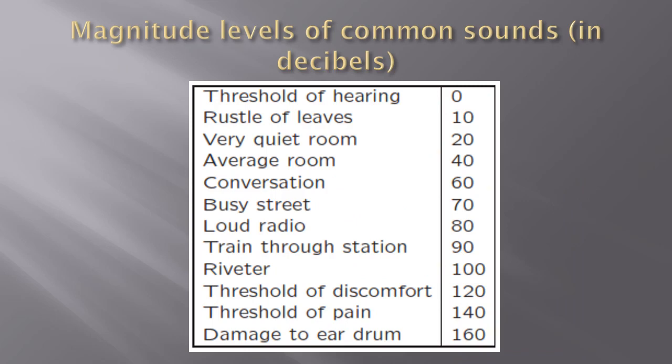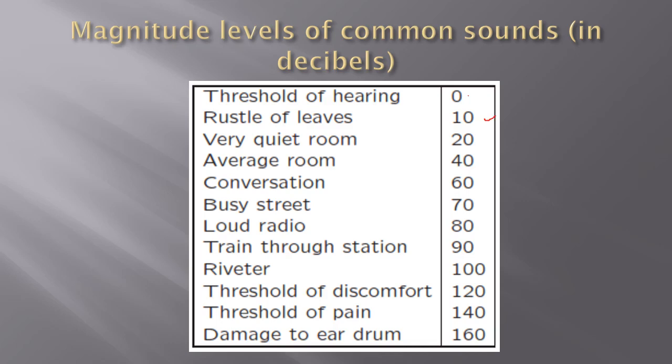Just to give you an idea what the frequency range means, other than the one that we have discussed before, we absolutely will not be able to hear anything at 0.